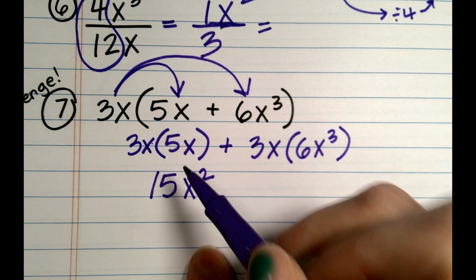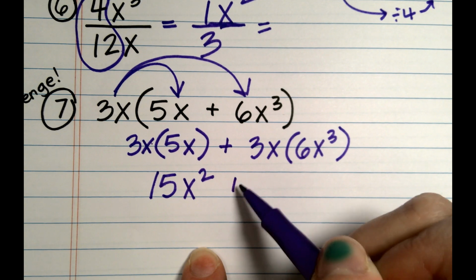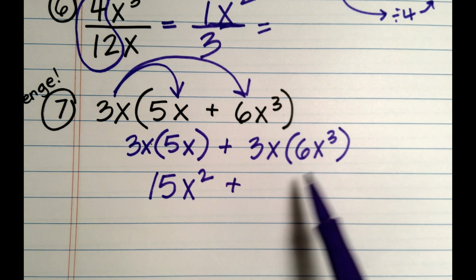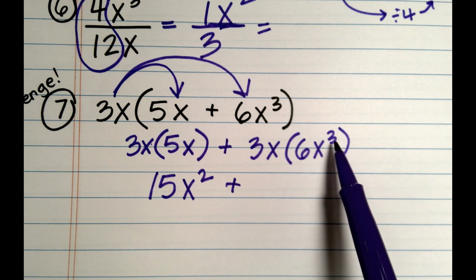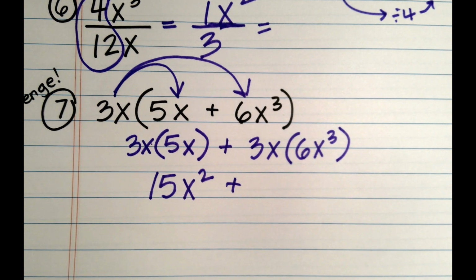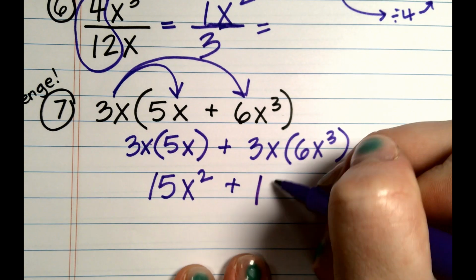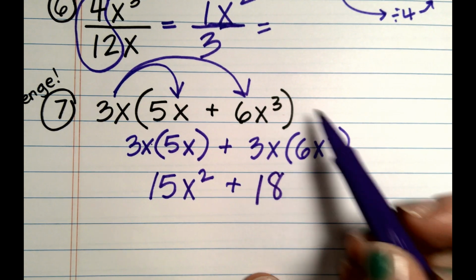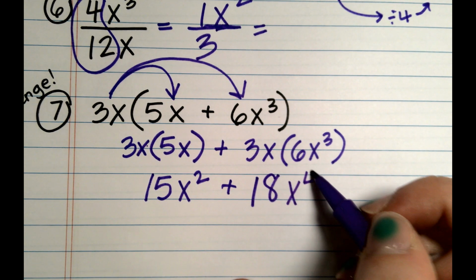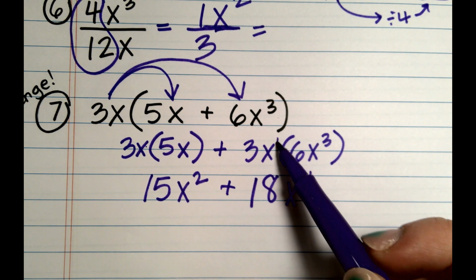Okay, so we got there. I'll bring down my plus. And now I have 3x times 6x to the third power. So first, what is 3 times 6? 18. And x times x to the third? x to the fourth. There's an invisible 1 here.